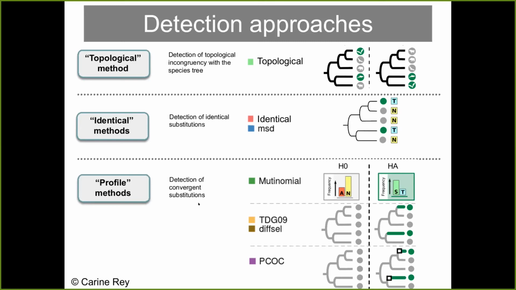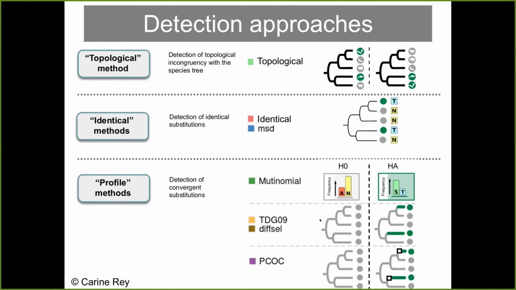And it totally ignores the phylogenetic structure of the data, right? So in principle, it could be misled quite badly by the shape of the tree. So improvements over these approaches have been proposed, for instance, by Tamuri, Goldstein in 2009.